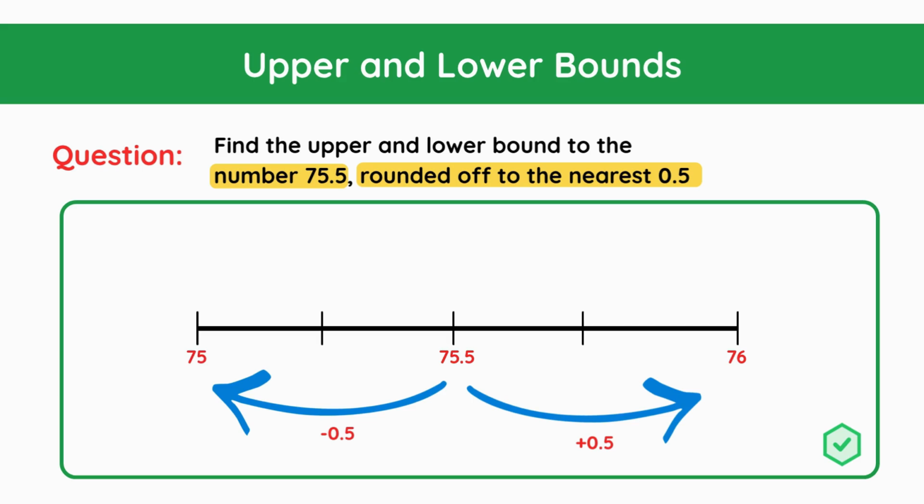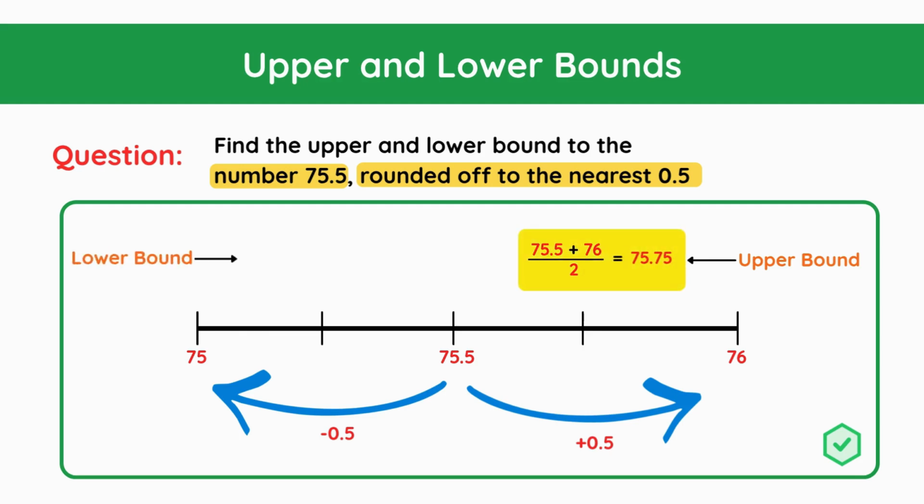Now find the midpoints. For the upper bound, calculate 75.5 plus 76 divided by 2. That gives 75.75. For the lower bound, calculate 75 plus 75.5 divided by 2. That gives 75.25.